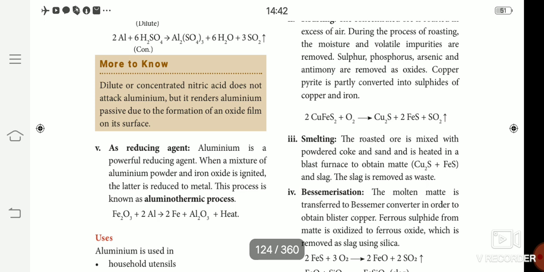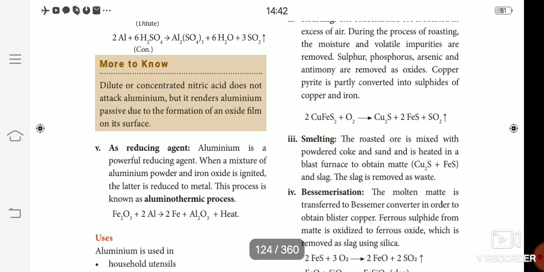This then reacts with the remaining copper glance to give molten copper.